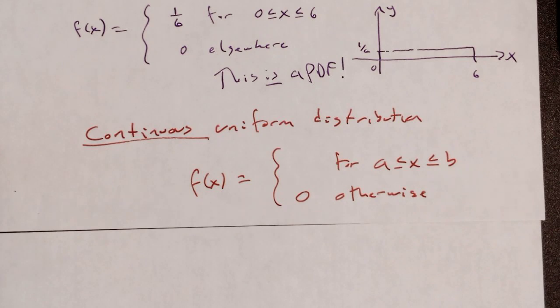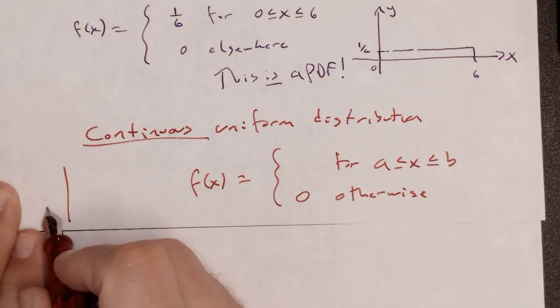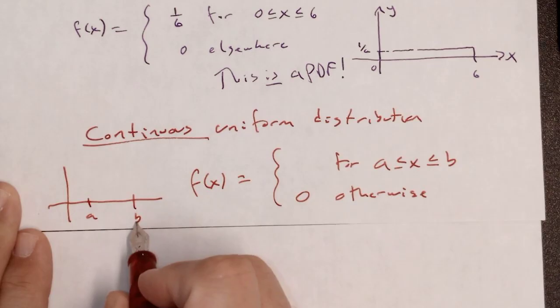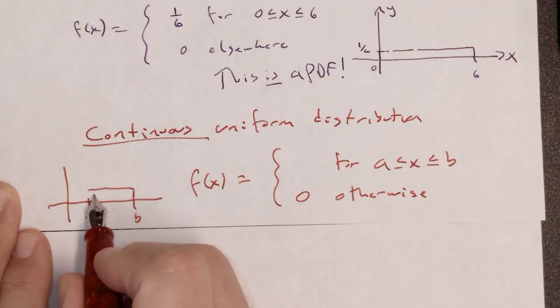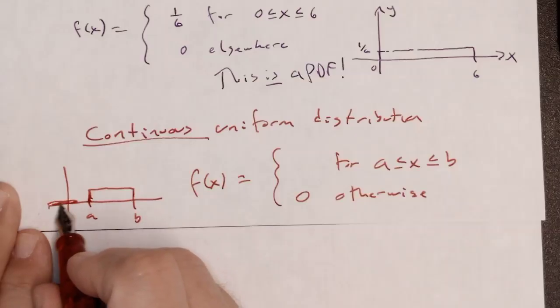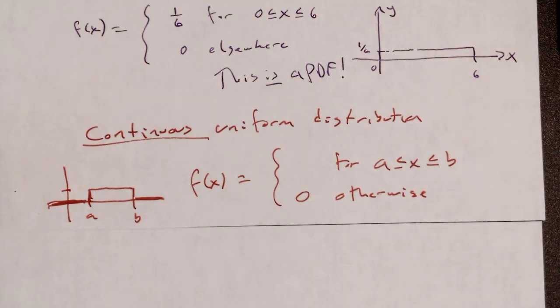If I know I'm going from A to B, then my picture is going to start at A and end at B, and it's going to be some height, and 0 everywhere else. The rectangle. How long is the base of this rectangle? Which means in order for the total area to be 1, the height needs to be 1 over B minus A.